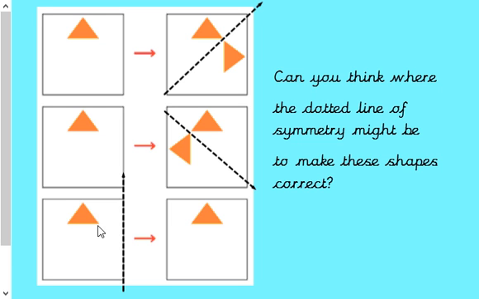And when you reflect that over, you can see quite clearly that when it's folded over, it's gone across and it is exactly the same shape on the other page. The distance between there is the same as the distance here. So if you're reflecting it over, that's what you would get. That's a bit of a trick question.